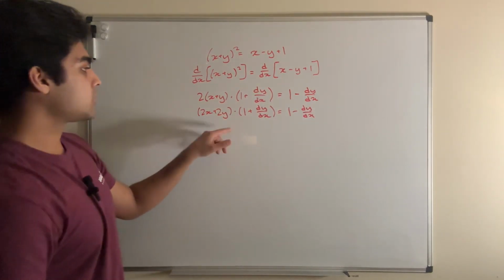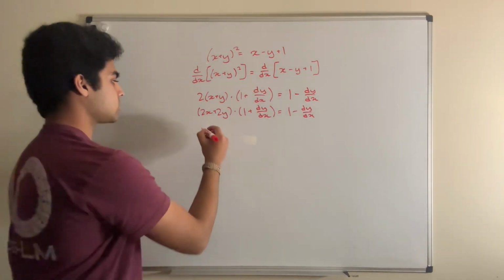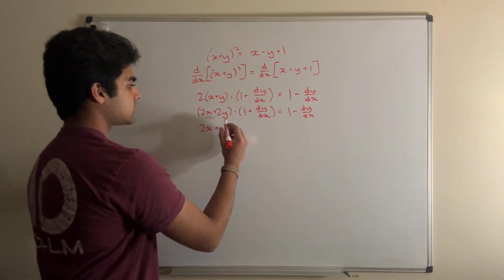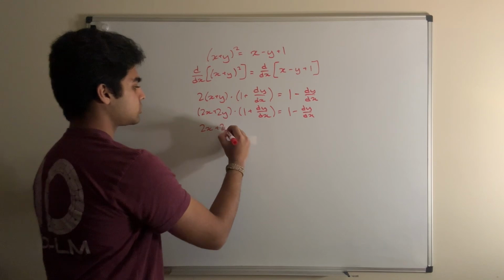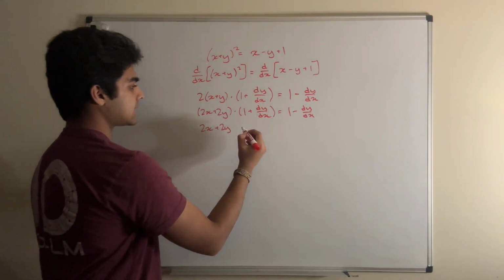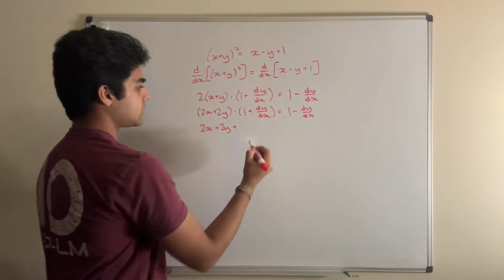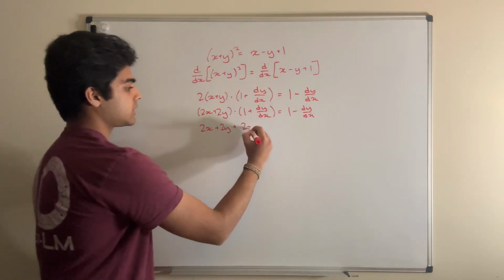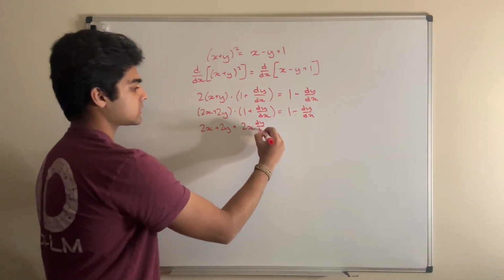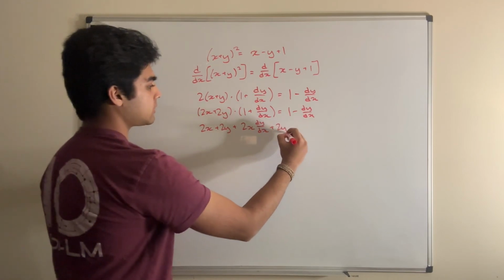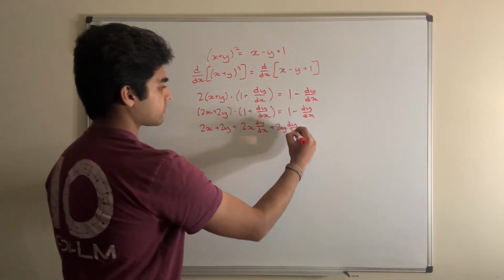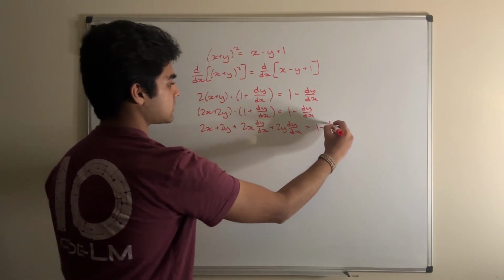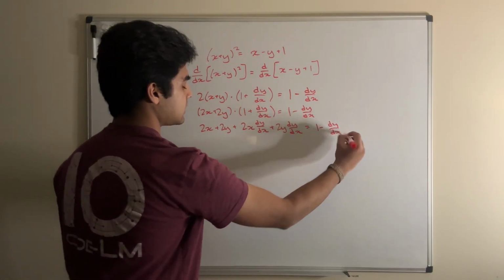And then I'm going to FOIL this whole thing out. So we're going to get 2x plus 2y, plus 2x dy over dx plus 2y dy over dx. And then that's going to equal 1 minus dy over dx.